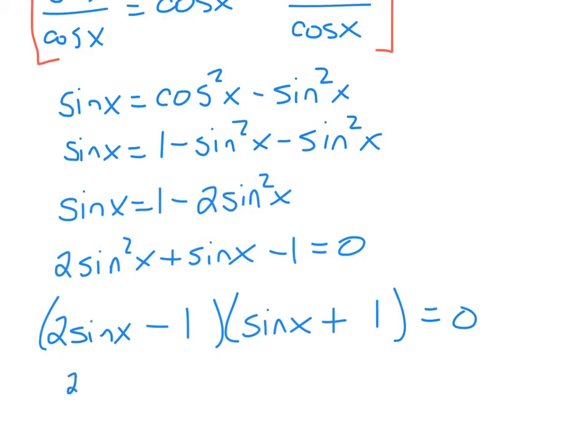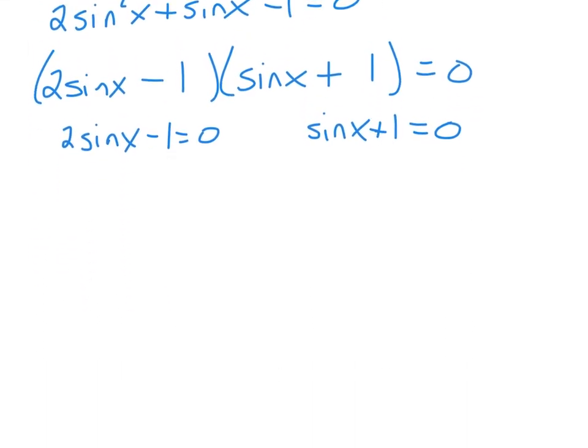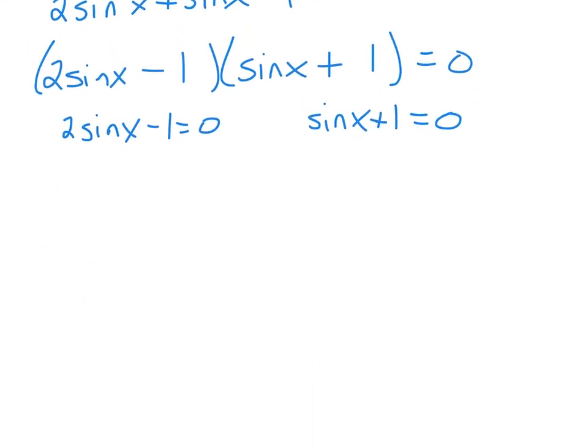So then we have 2 sine x minus 1 equals 0, and sine of x plus 1 equals 0. So then sine of x equals 1/2, and sine of x equals negative 1.